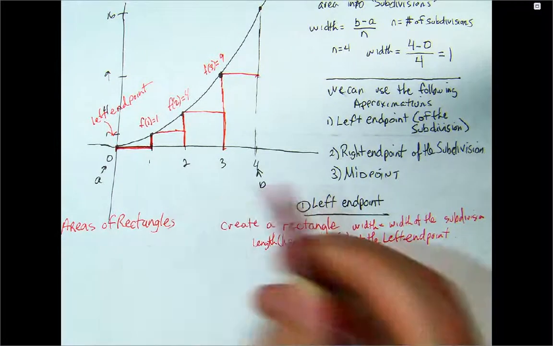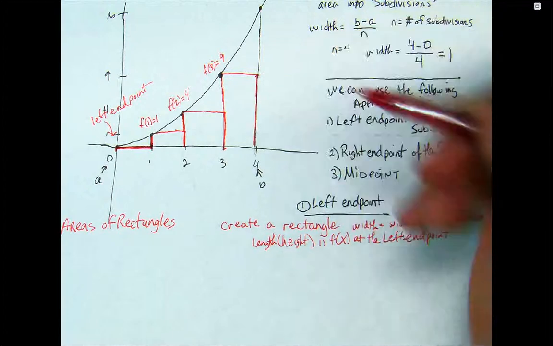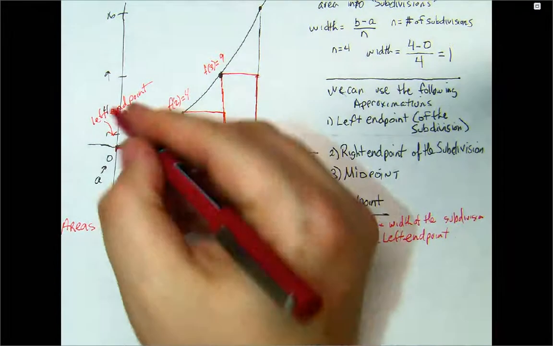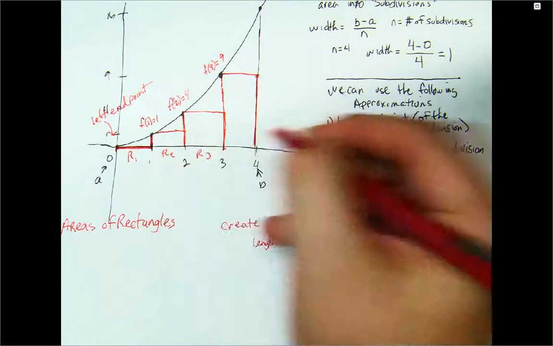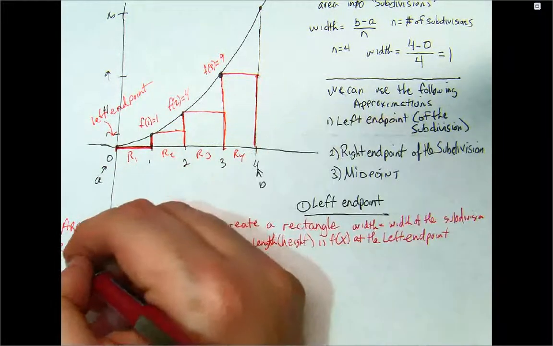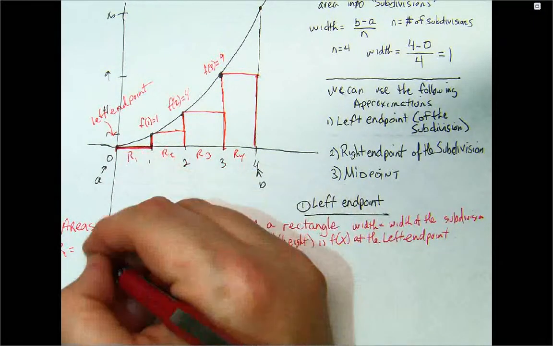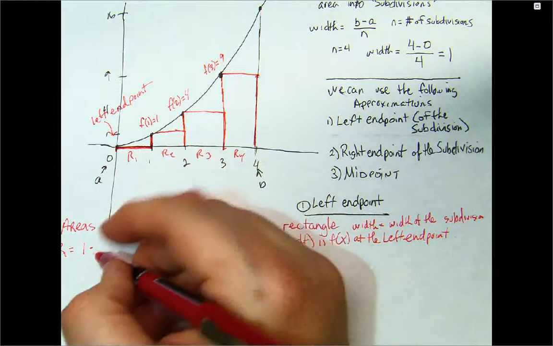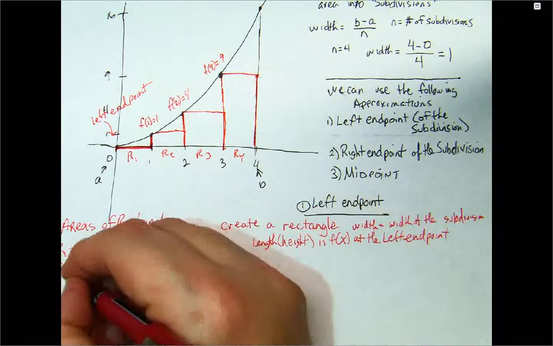Now let's figure out the areas of the rectangles. We'll start with rectangle 1, rectangle 2, rectangle 3, and rectangle 4. Rectangle 1, what's the width? The width is 1, so it's 1 times what's the height? 0. So we get 0. How about the second rectangle?